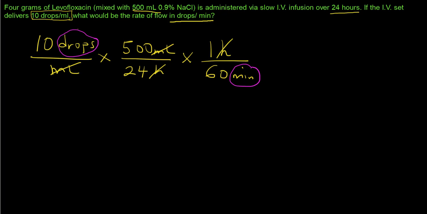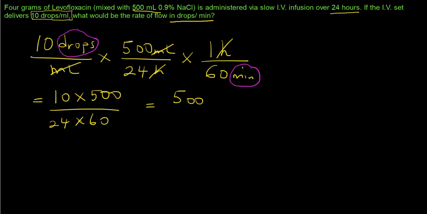So what it means is, if we multiply everything in the numerator and divide it by everything in the denominator, we'll end up with our solution. So that's equal to 10 drops times 500 all over 24 times 60. And if you do that, this is 5,000 drops.